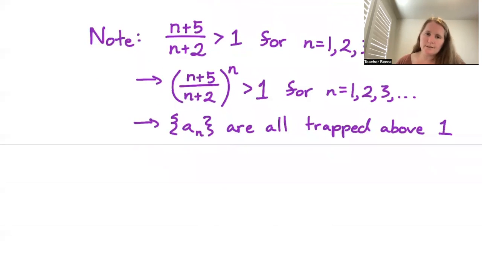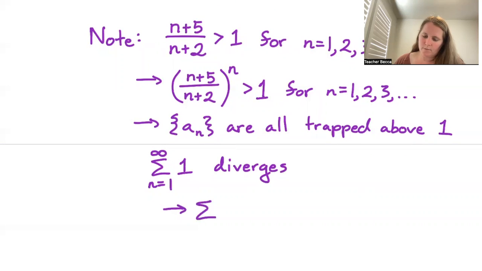And of course, the sum from n equals 1 to infinity of 1 diverges. So that means that our sum from n equals 1 to infinity of n plus 5 over n plus 2 raised to the nth also diverges.